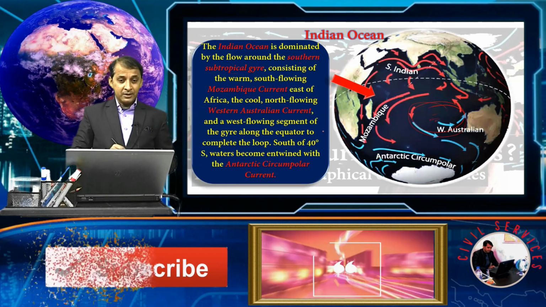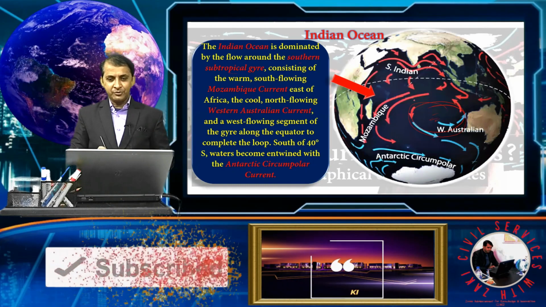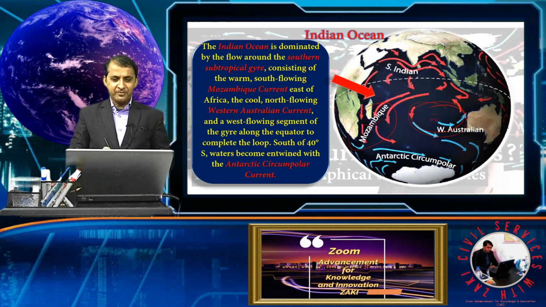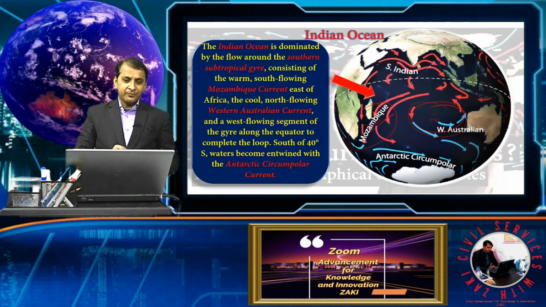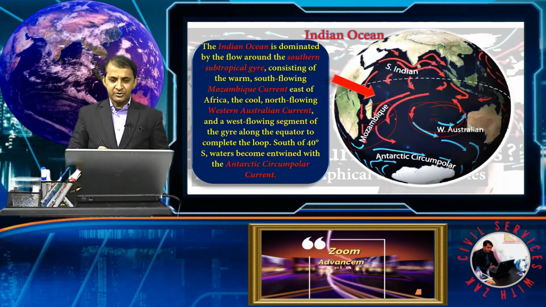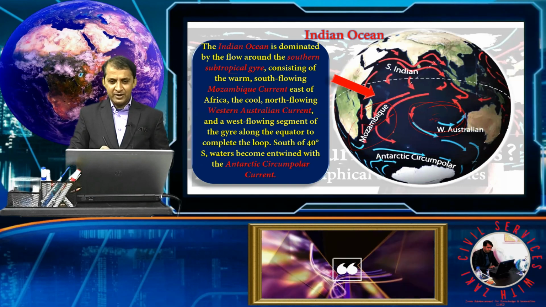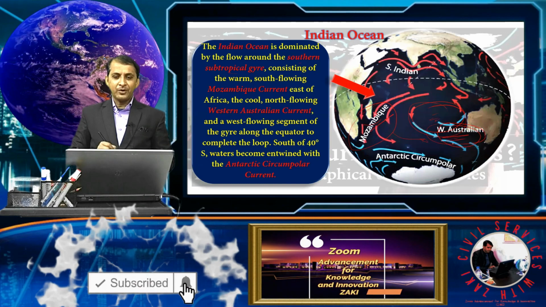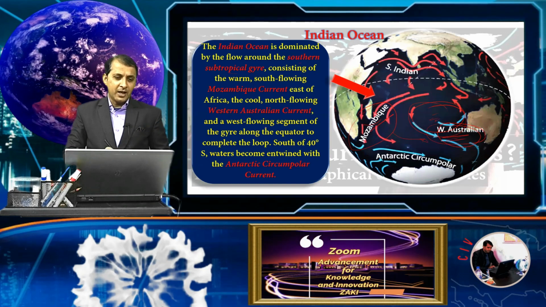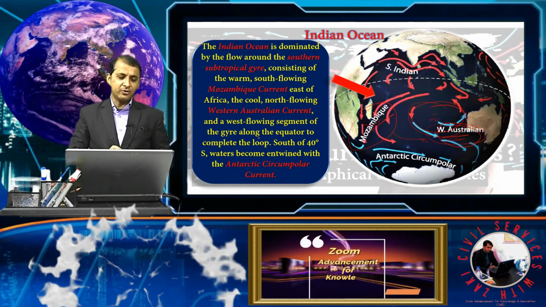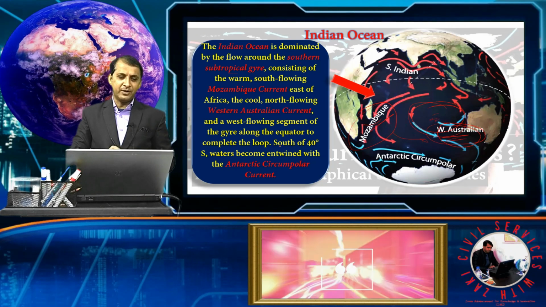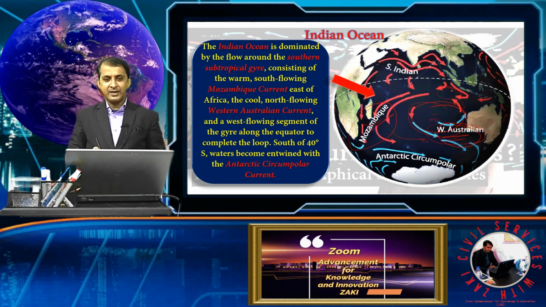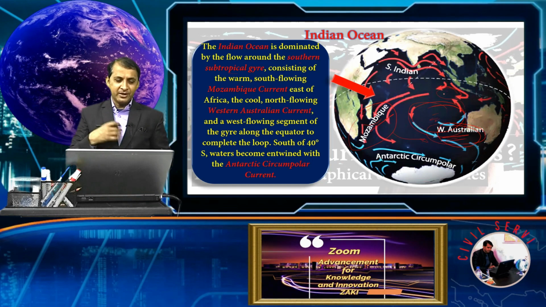The south flowing Mozambique current is east of Africa, and the cool north flowing Western Australian current completes the gyre. These then go to this area, and a west flowing segment of the gyre along the equator completes the loop.